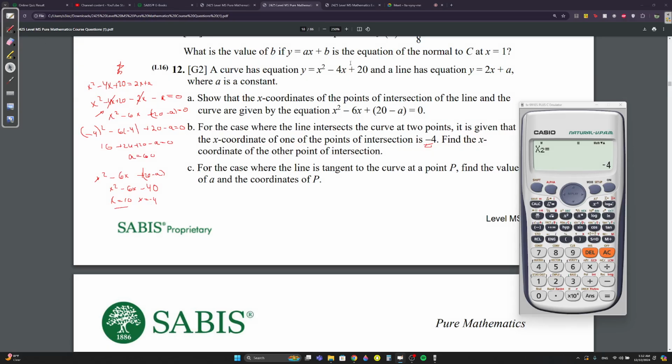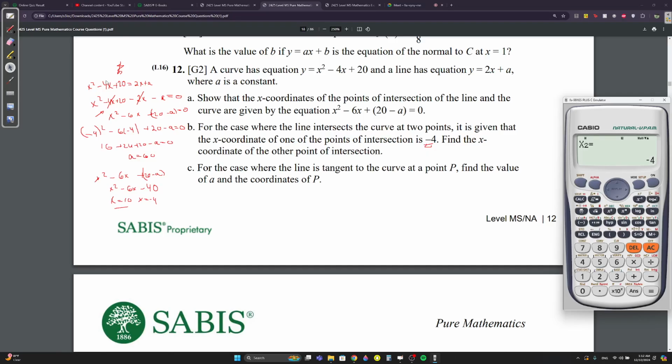Part C. For the case where the line is tangent to the curve at point B, find the value of a and the coordinates of B. So for this part C, since they said the line is tangent, they gave you the equation of the tangent line. The 2 times x means that the slope of the tangent is 2.